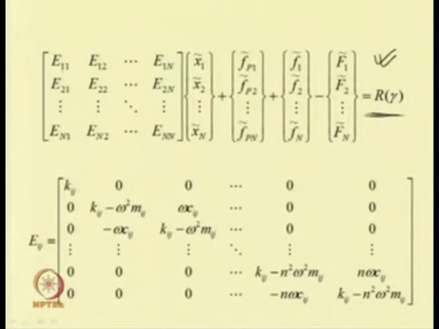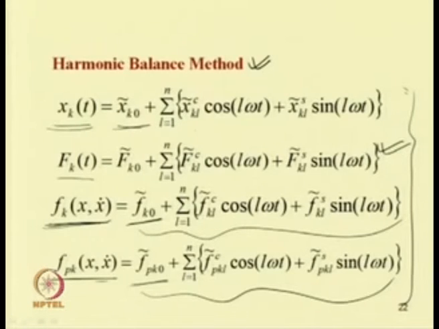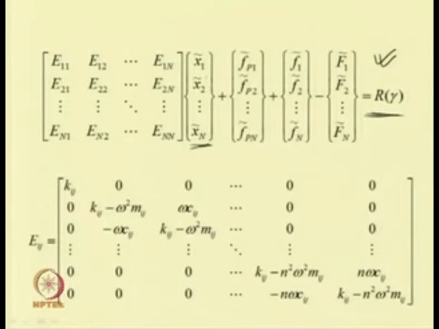This equation is reduced to this form, that is E I j, where we have E 11, E 12, E 1 n. Here we have the x terms, it will be x 1 bar, x 2 bar, x n bar, and these are the forcing terms. This is the parametric forcing, this is the nonlinear terms associated with it, and this is the external force.